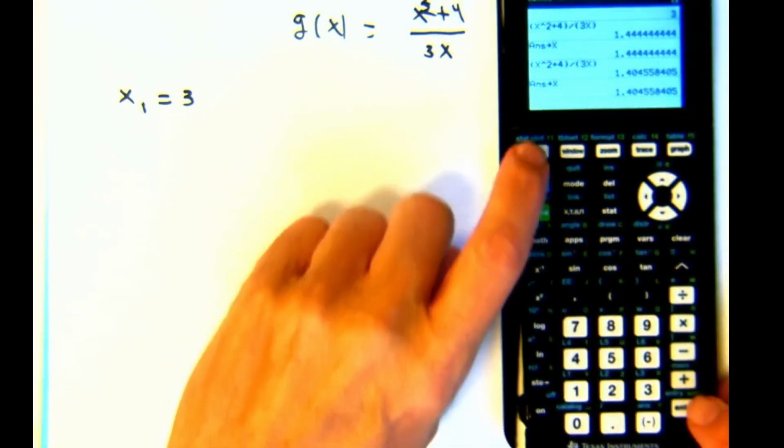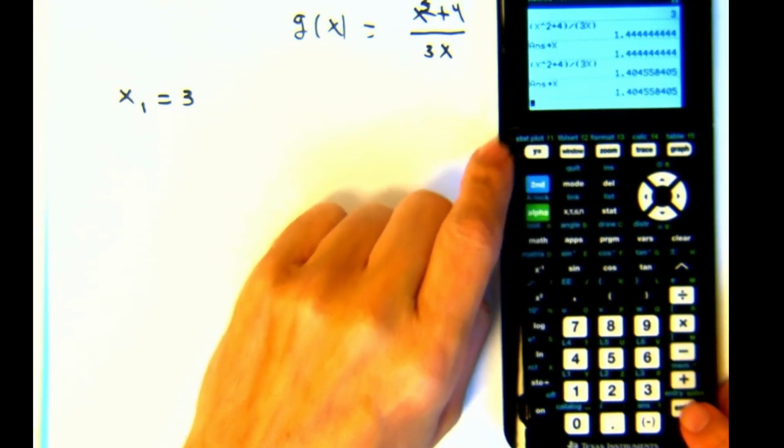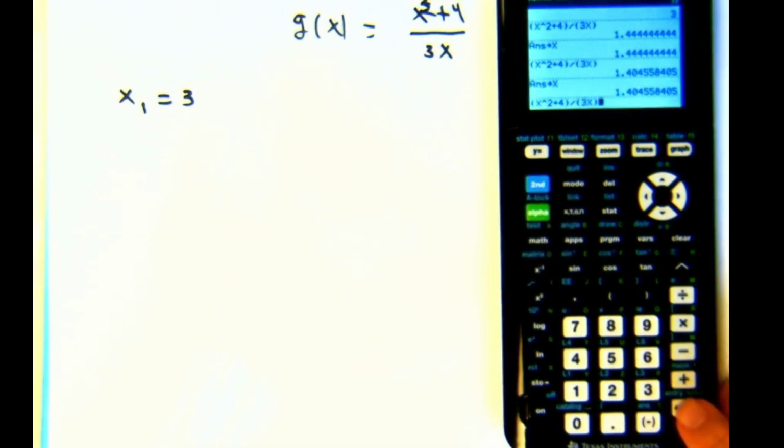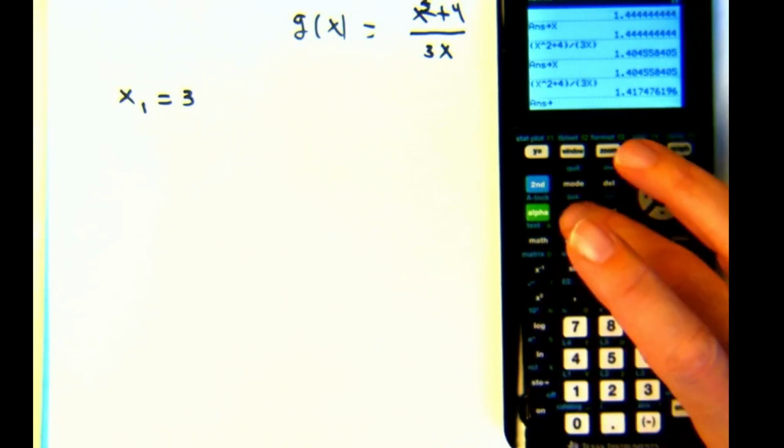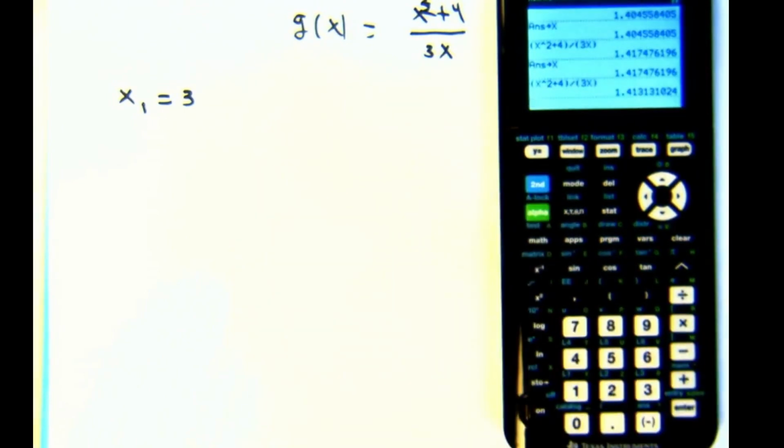Store into x, second enter, recalculate, 1.41 some odd, store into the x variable, and these numbers are approaching some number that's in the neighborhood of 1.4, which is the neighborhood of square root of 2. If I were to continue doing this for a while, then this fixed point iteration would converge to square root of 2.